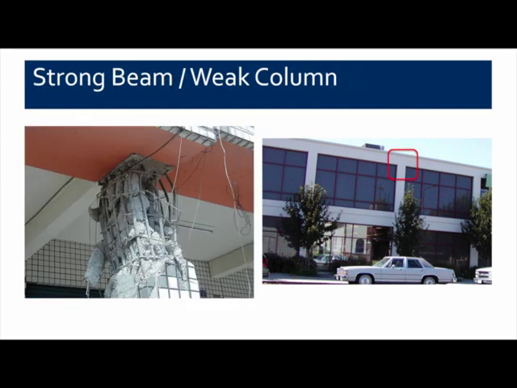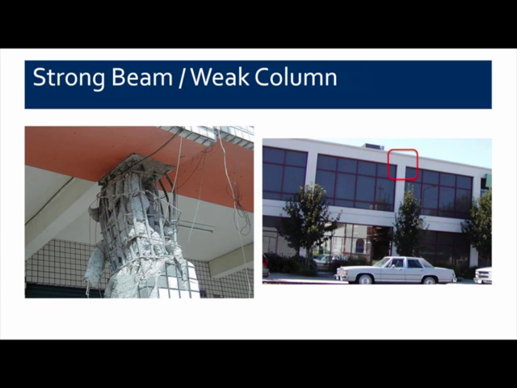The second one, again, looking at our concrete moment frame building, but this time if you look on the right-hand side, we're looking at what might be behavior at a beam to column joint. The newer codes have in place detailing requirements and proportioning requirements that try to favor any damage occurring in the beam as opposed to the column, because the hazards presented by damage to a beam are much less than the hazards potentially with damage to the column.